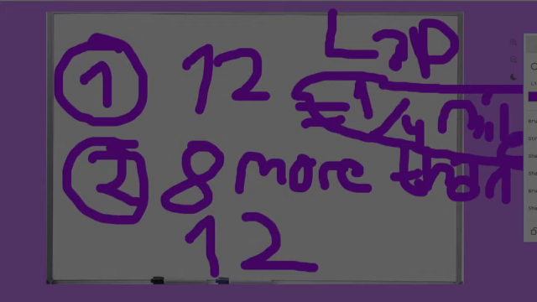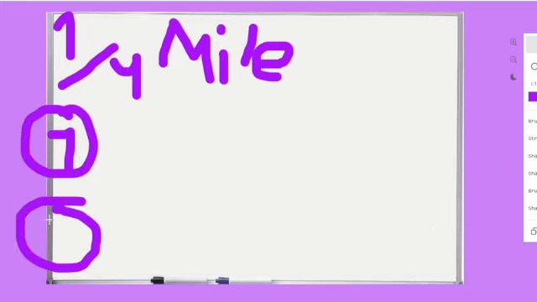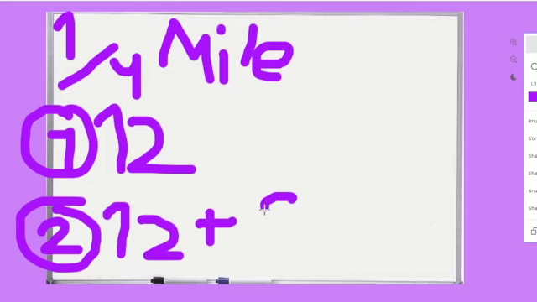So we're going to move the drawing. And now that we know that this is what a lap is, a quarter of a mile, runner A ran 12, and it said 8 more than 12, which, 12 plus 8 equals 20.